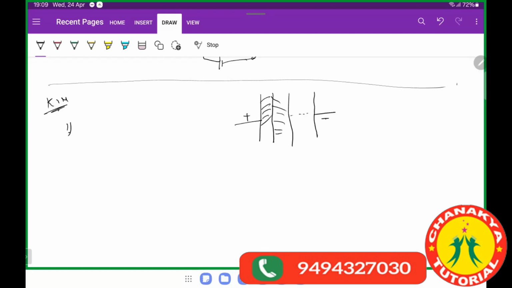The thickness will be T1, T2, and so on, and the dielectric constants will be K1, K2, and so on. So the formula for this parallel plate capacitor will be epsilon naught A by T1 by K1 plus T2 by K2 plus so on.